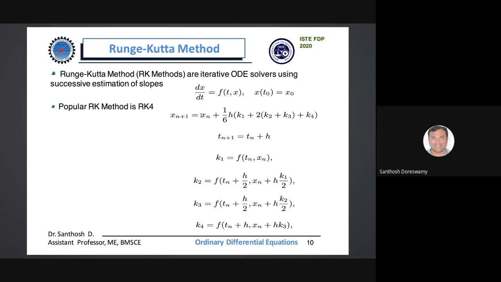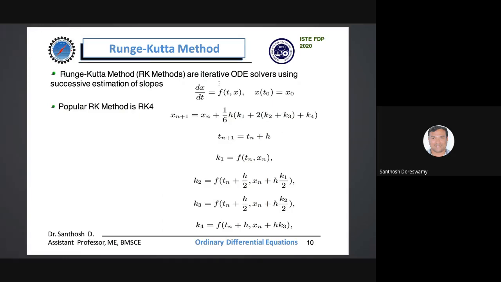Okay, so this is the approximation of the next value of x based on the previously computed value of x using the weighted slopes. k1, k2, k3, k4 are your weighted slopes.